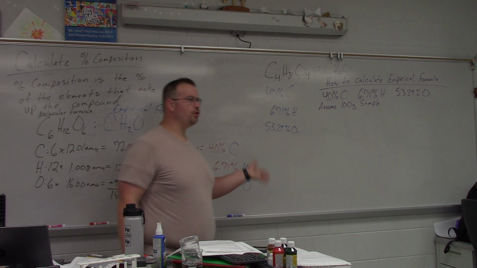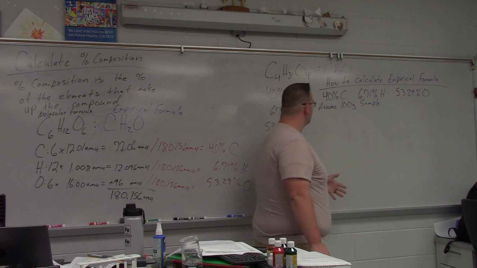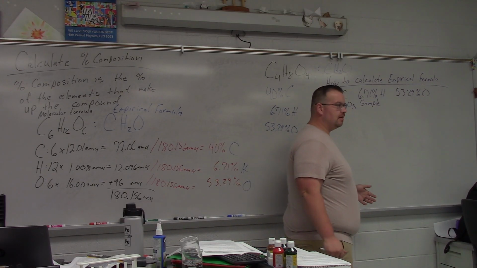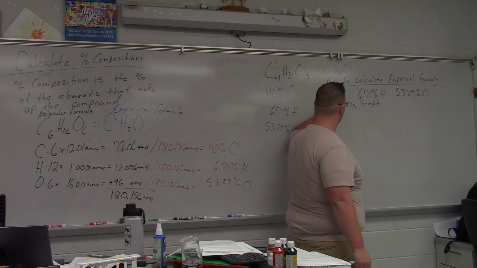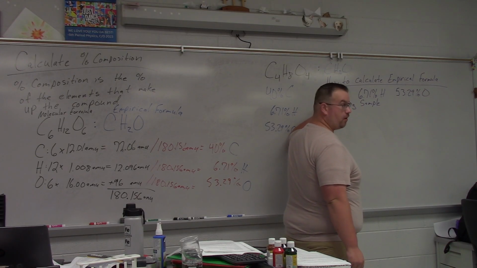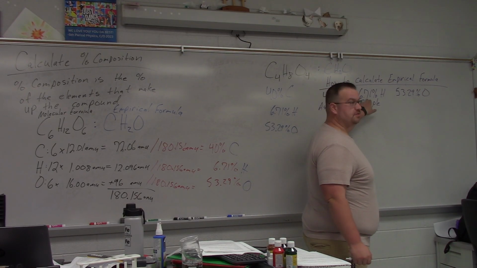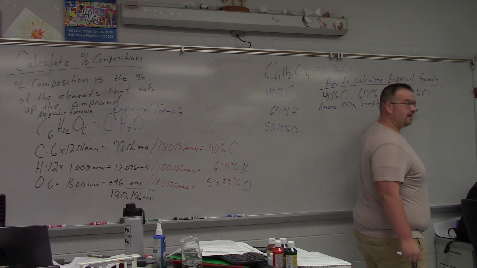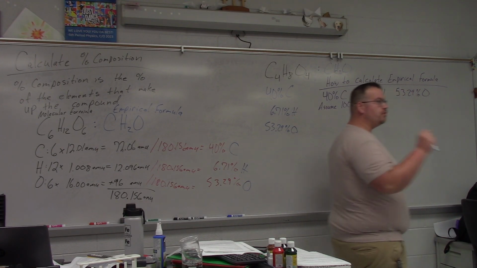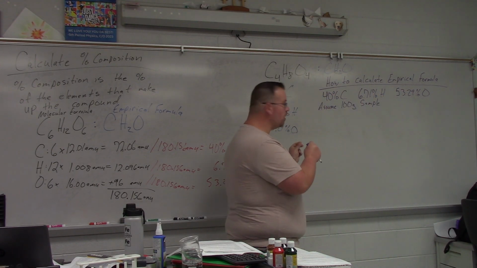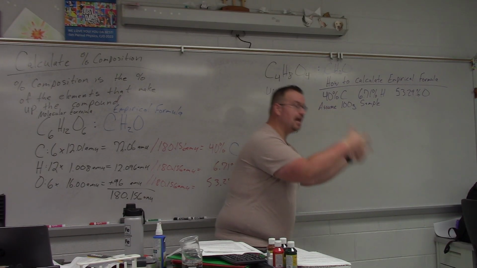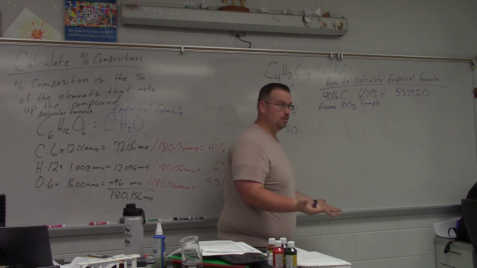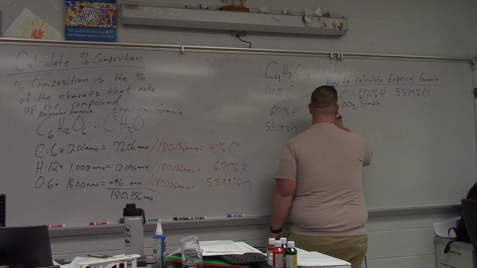If I have a 100 gram sample, what mass of carbon do I have? 40 grams. What mass of hydrogen? 6.71 grams. 53.29 grams of oxygen. You now assume the 100 grams so that we can flip the percentage sign into grams. Got me? So here's what we do.